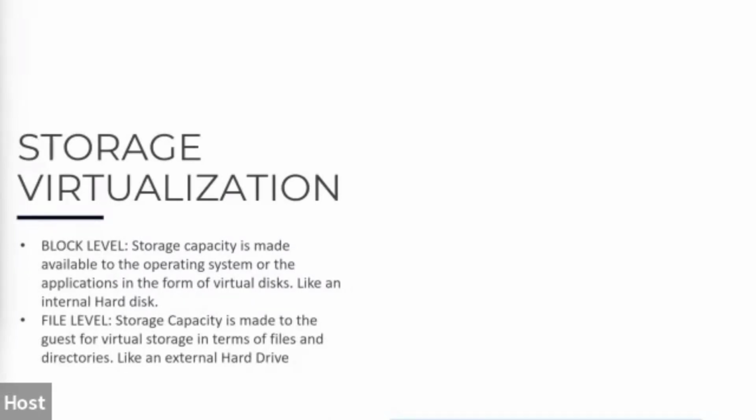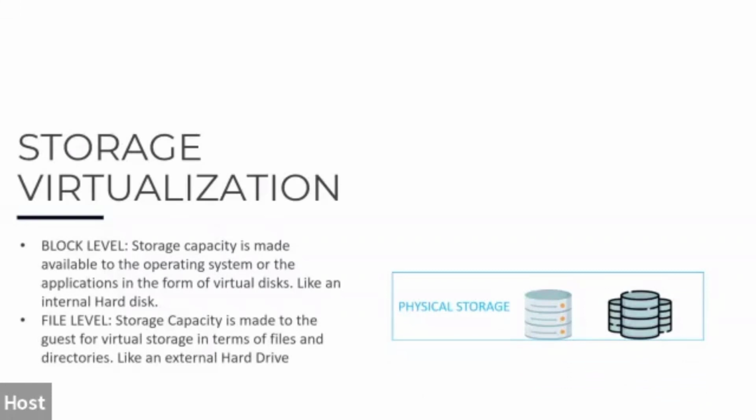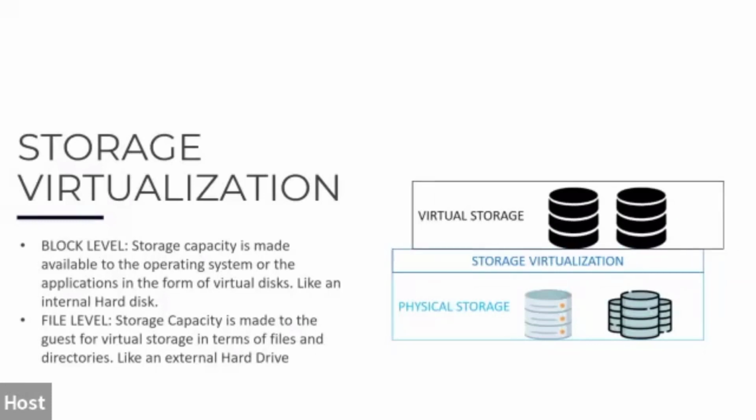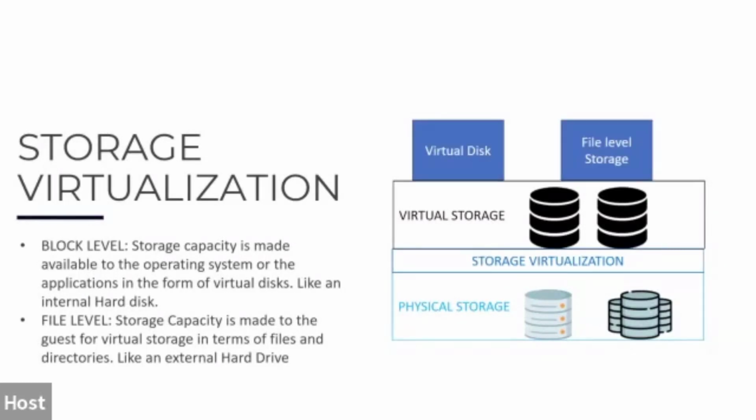All right. Okay, guys. Now, this is a physical storage, or a physical storage service. When you install the storage virtualization software on top of it, you have two options: file level storage and block level storage. You can convert it to either a virtual disk, which is called block level, or a file level storage, which can be utilized as an external hard disk.